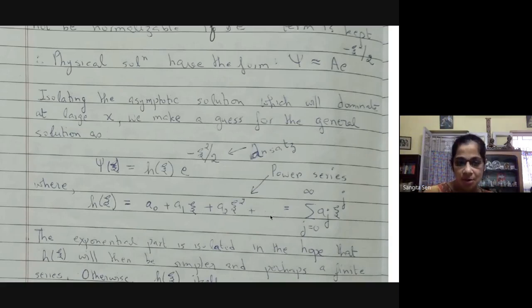It is a power series in xi, so this is called the power series method of solution. Now actually a power series in itself is general enough to represent any function, right? So you may question me: what is the point of having an additional exponential factor? Won't it complicate matters? Actually, no.